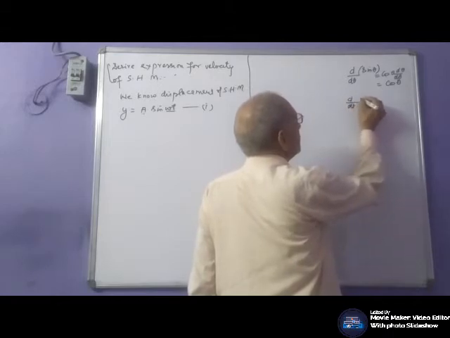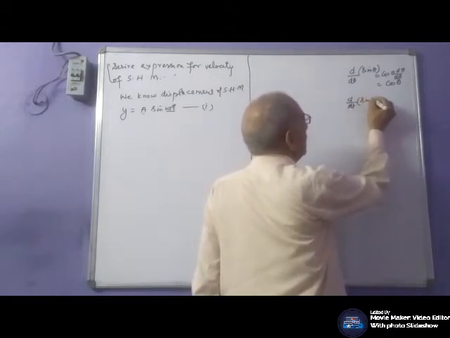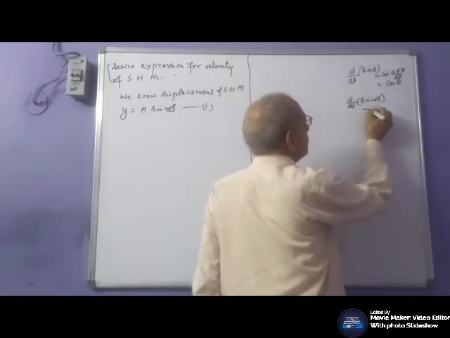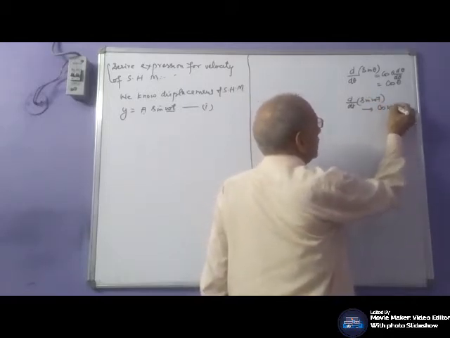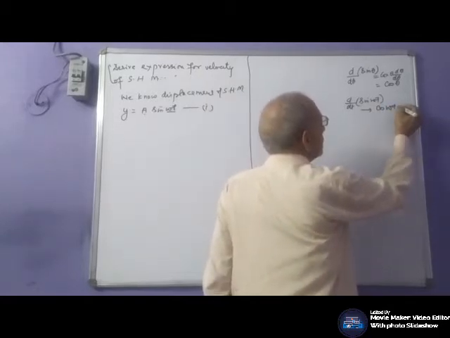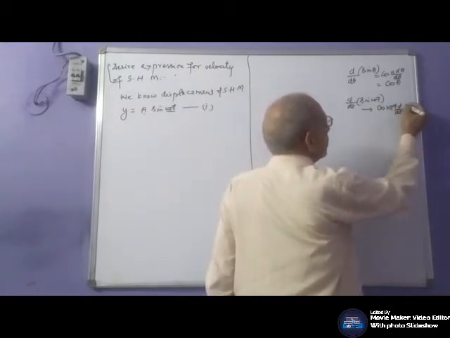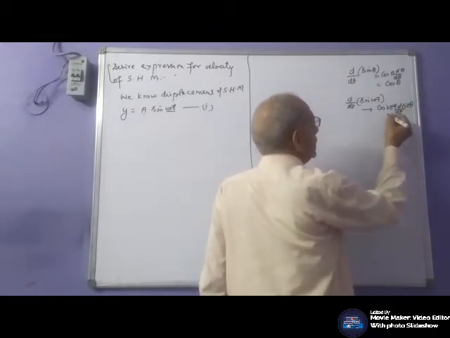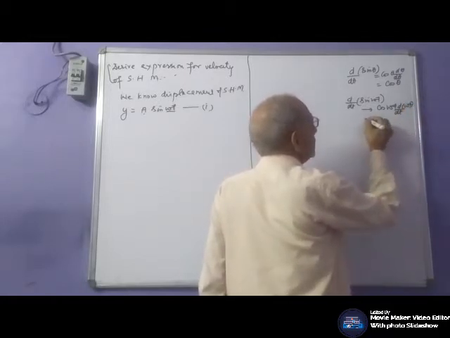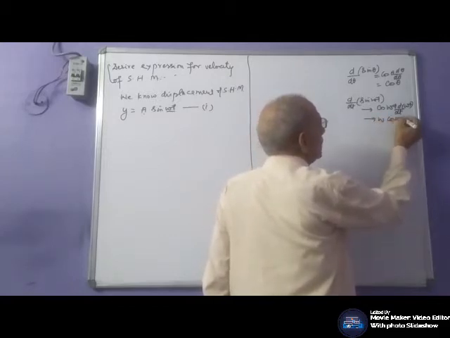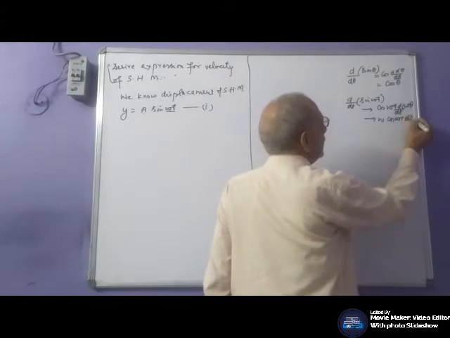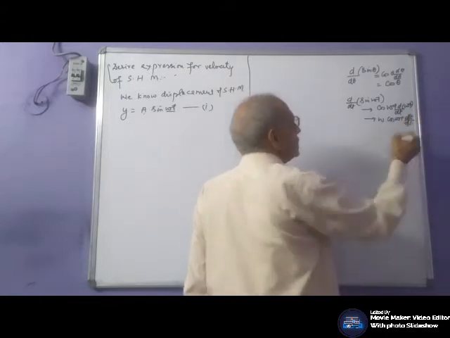Similarly, d/dt of sin omega t is cos omega t, then d/dt of omega t, omega outside, cos omega t, dt by dt, that is 1.